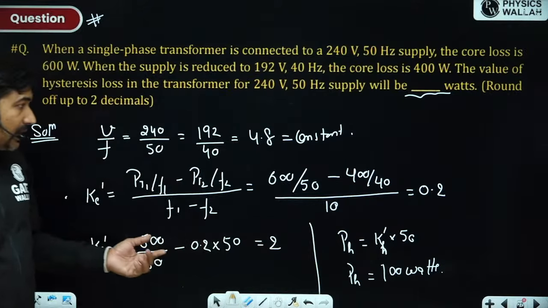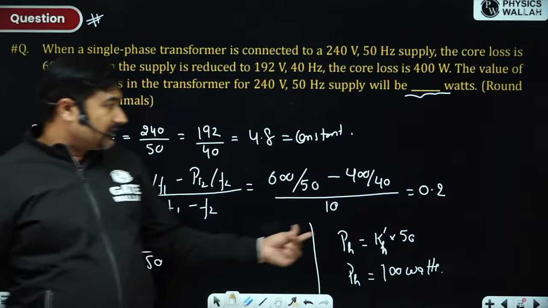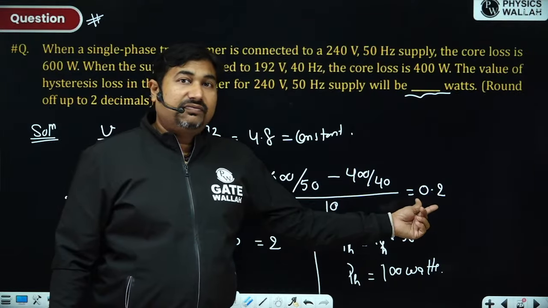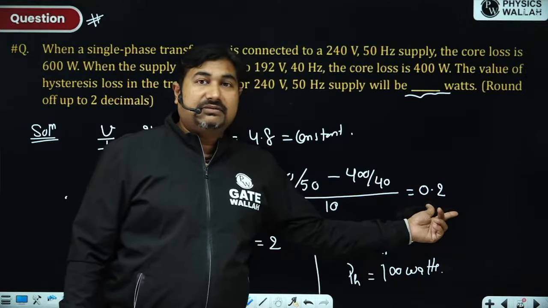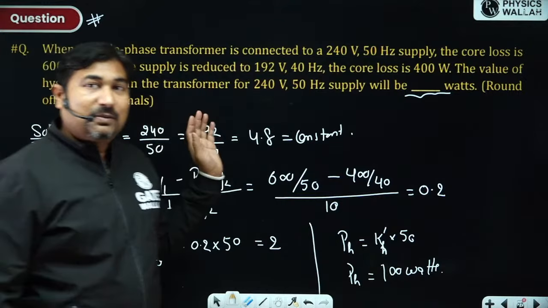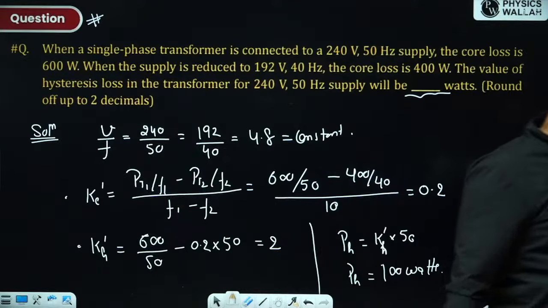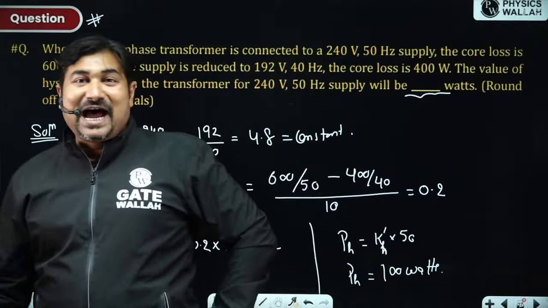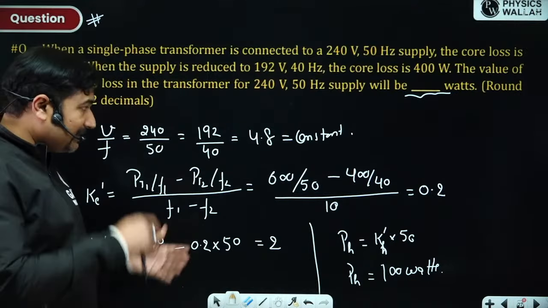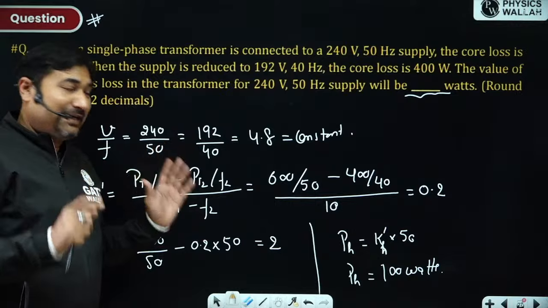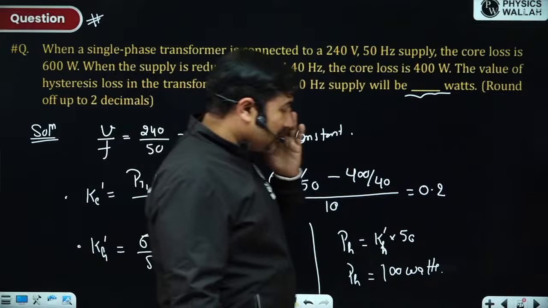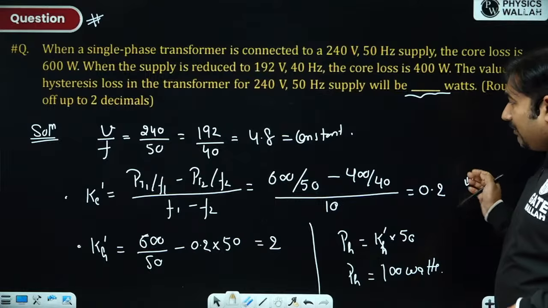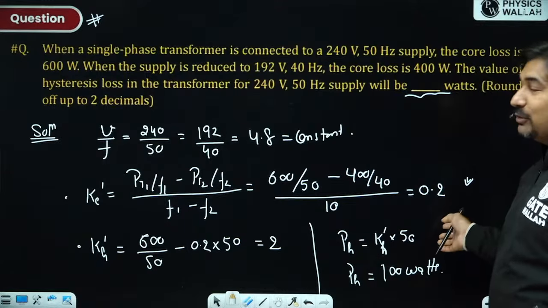Another is you can have KE dash multiplied, but if you make a KE dash calculation mistake, then it doesn't matter how many ways you go, you will do it wrong only. It is 0.2, and I made a calculator key press error, and because of that instead of 0.2 it was 0.12. However, without using a calculator it will be easier.